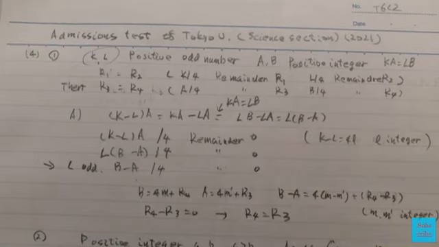A divided by 4 has remainder R3, and B divided by 4 has remainder R4. If R1 equals R2, then R3 equals R4. Answer.